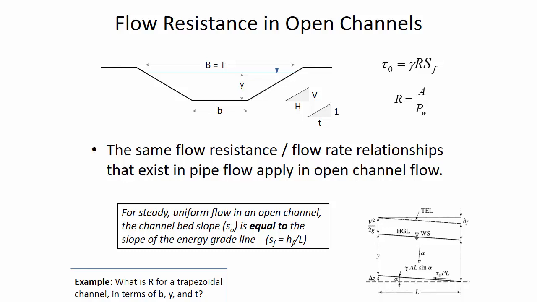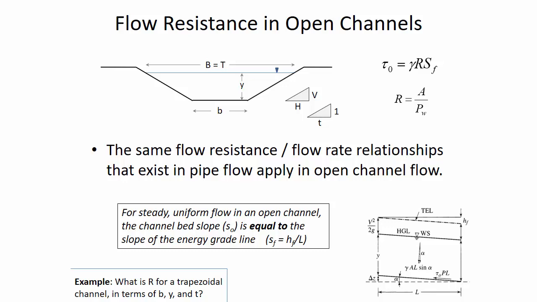We'll revisit the trapezoidal geometry several times through the semester, but I wanted to give you this first look at it because there's a couple of problems in the homework that ask you to relate the shear stress with a width and depth of flow. So I wanted to give you these formulas for area and wetted perimeter so that you can calculate the hydraulic radius.